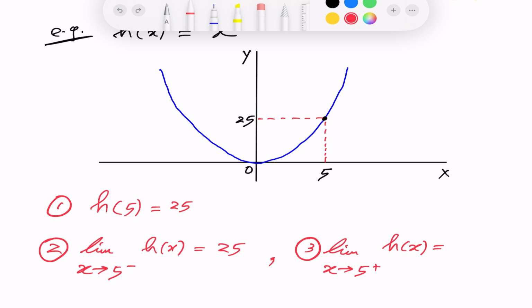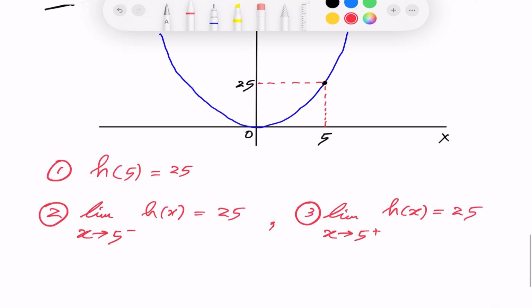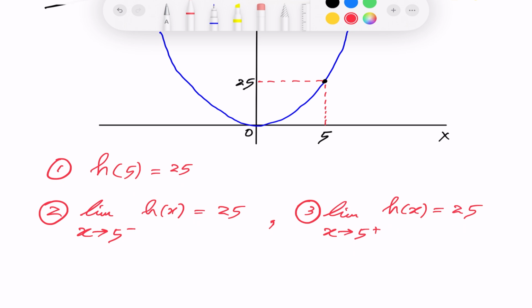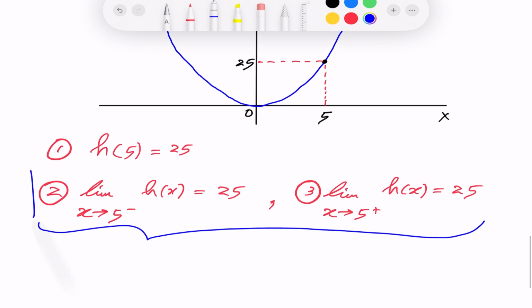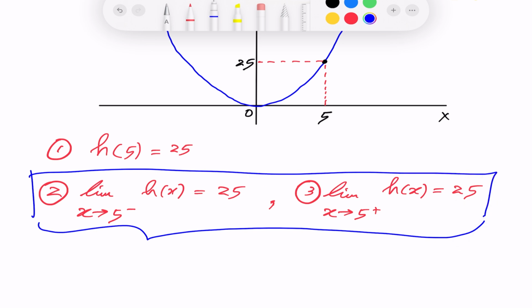All right, very good. We have the left hand limit being equal to the right hand limit, so we can provide one limit looking at those two cases. That is, we can simply write down the limit as x approaches 5 of h of x is equal to 25.